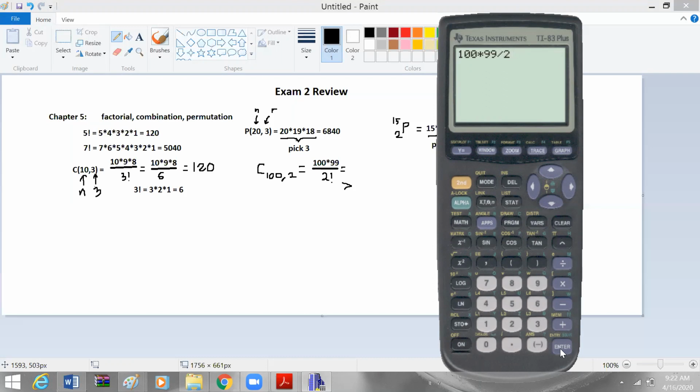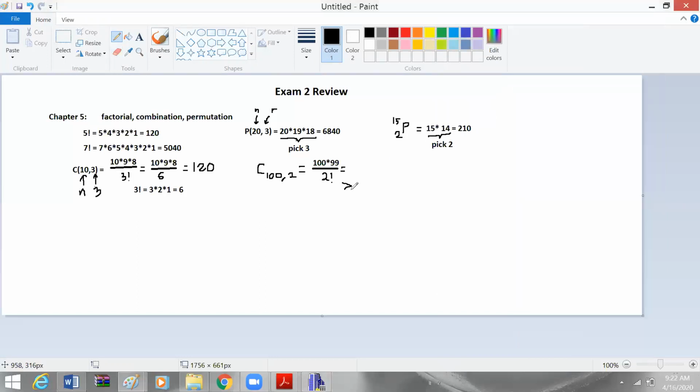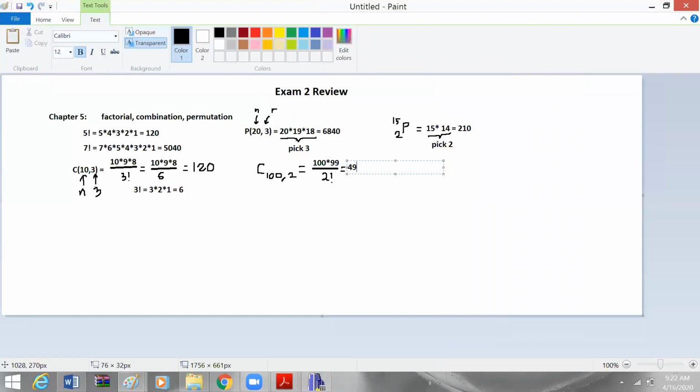And then you're going to get the answer, which is 4,950. All right. So remember, 2 factorial is 2, but 3 factorial is not 3. 4 factorial is not 4. 4 factorial is 24, and so on and so forth.